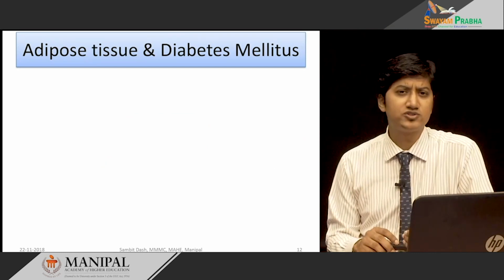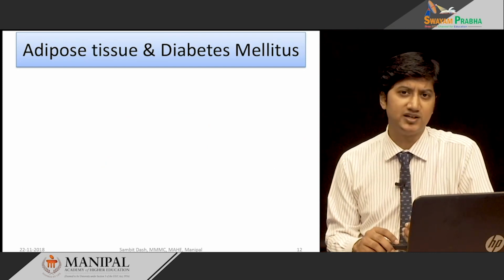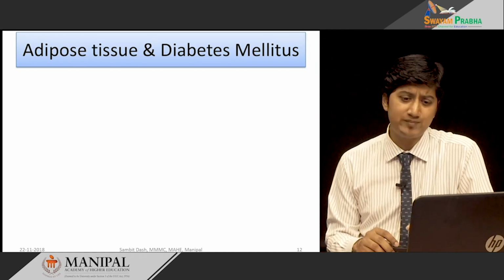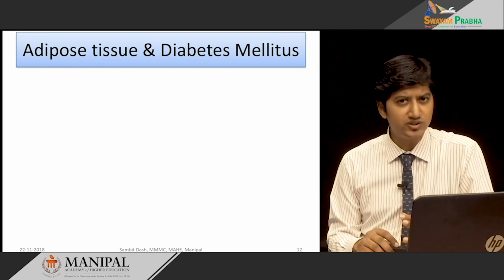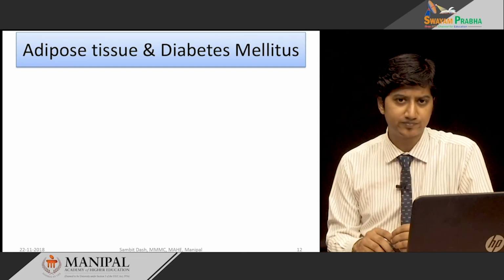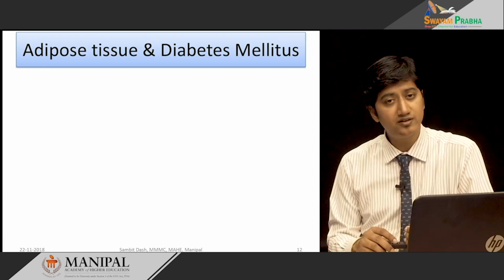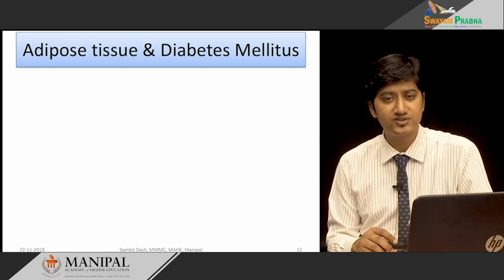It is important to slightly mention diabetes and adipose tissue. Patients with type 2 diabetes mellitus are usually dyslipidemic, that is, the lipid values go haywire, even when the glycemic control is relatively good.